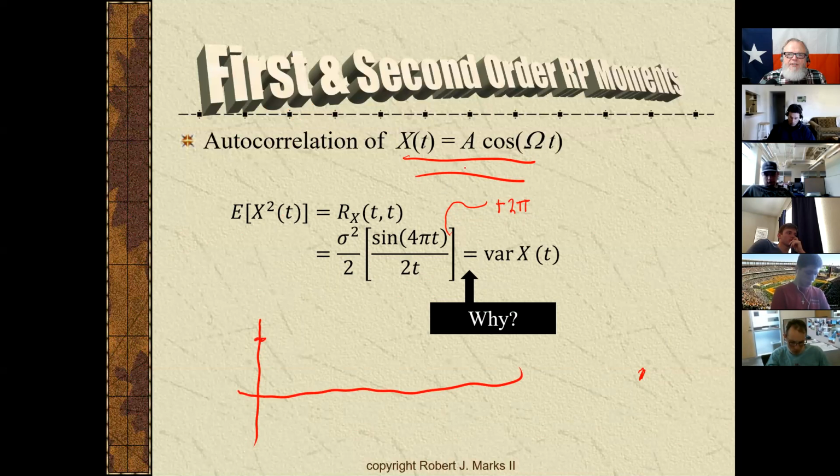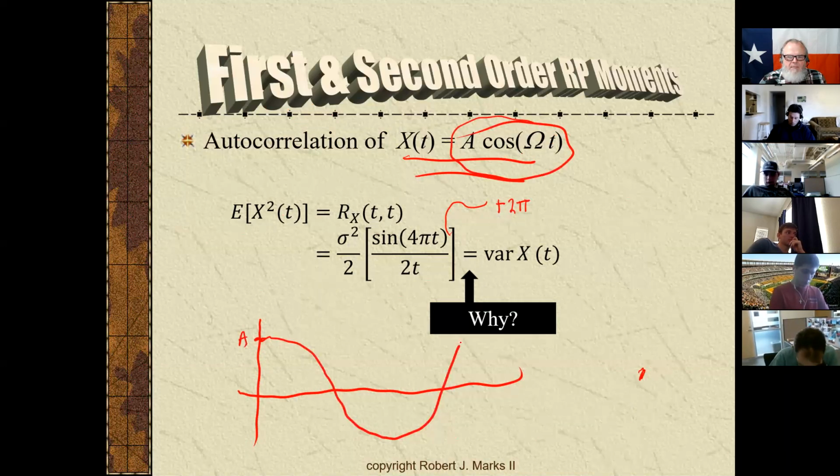If I look at a bunch of instantiations of this stochastic process, I will start out with one sinusoid with a certain frequency. And then I will start out with another sinusoid with another frequency.